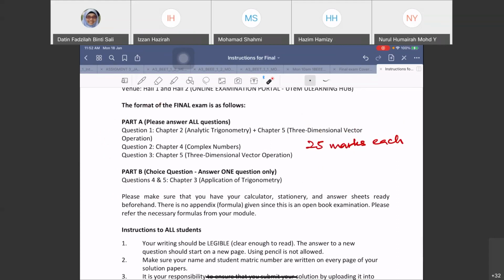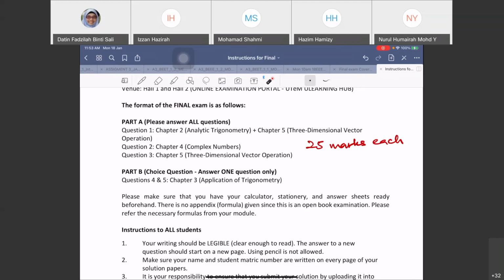Many people may ask about past year exam questions, but as I mentioned, in the last pages of your module there are many past years. It's just whether you want to do them or not, because there's a lot, or whether you can do all of them or not.